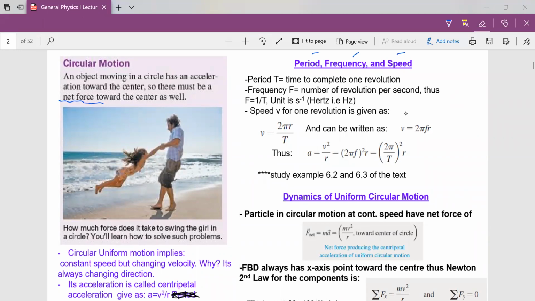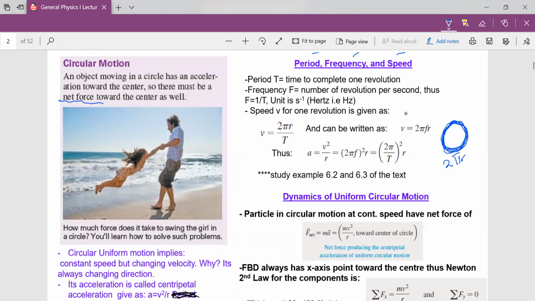Okay. So now that we know the period and the frequency, how are they related to velocity? How do we bring it to the description of an object in motion? We know already the definition of speed, which talks about the change in distance per time. And then we know the definition of velocity, which is the change in displacement per time. Now, if we have established that the motion of the object is circular, the distance around the circle, as we have seen in one of our assignments, the circumference of this circle, is 2 pi r.